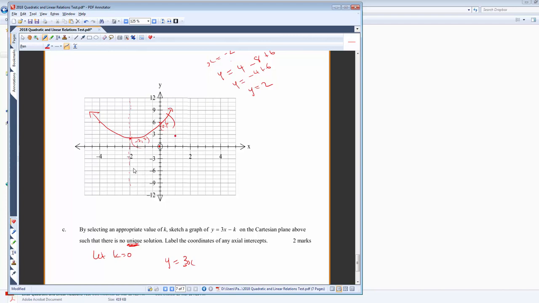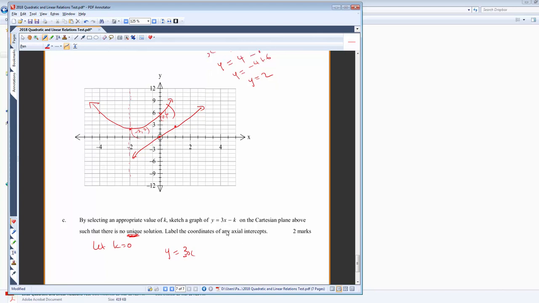There's our second point there. Our graph runs through there. And you can pretty much see from that that they're never going to intersect. And that's it. So heaps of different solutions for this one. It had to be a k value that met the requirements of the previous question. So you would have got a variety of graphs of this one, and we marked it accordingly.